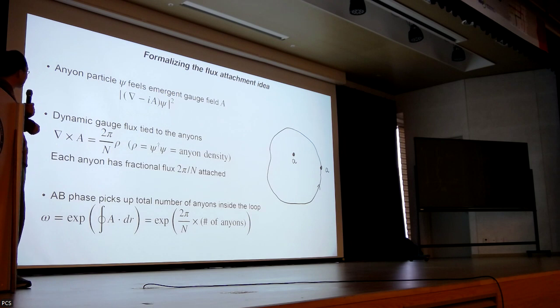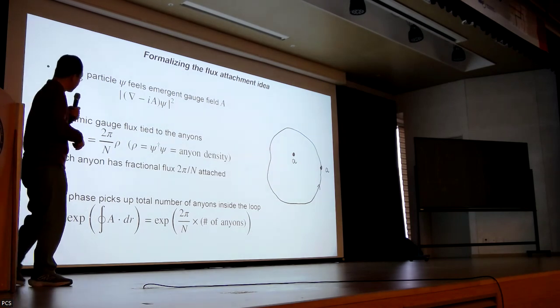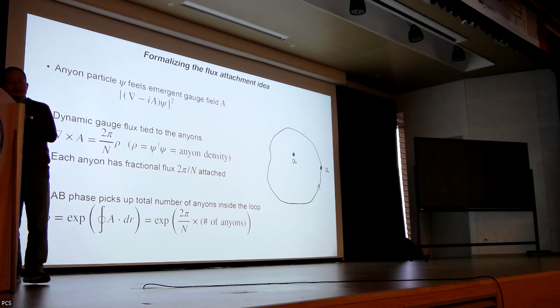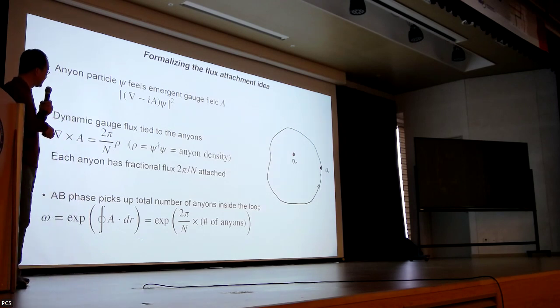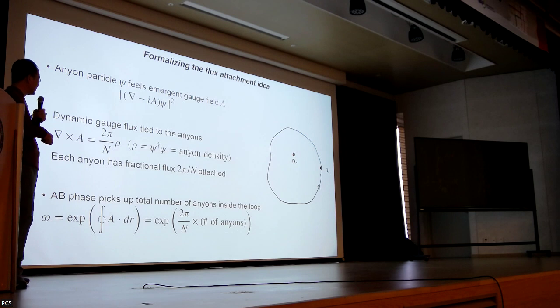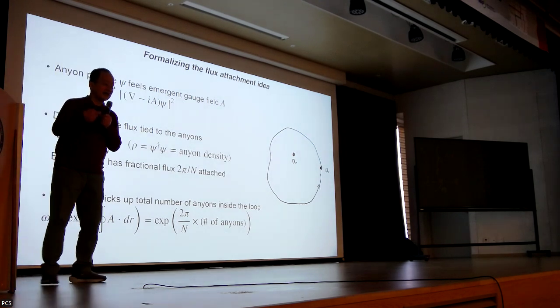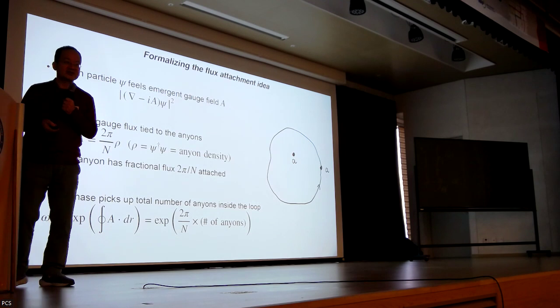And from this relation, you can deduce that making an integral of this curl results in this phase factor, and with a factor I missing, there should be an i here. This phase factor coming from the Aharonov-Bohm effect is really just counting the number of anyons that are inside a loop multiplied by a fraction of the phase 2 pi. Hence, there are these anyonic braiding statistics.